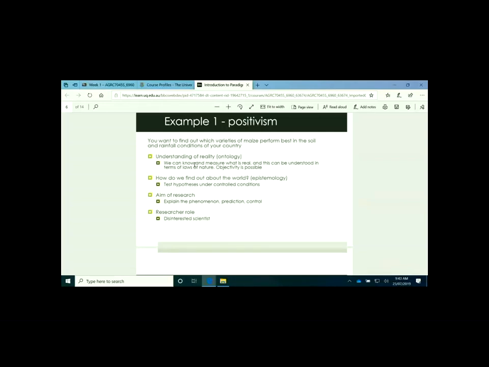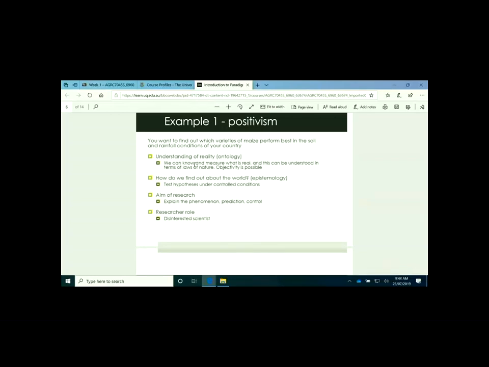So the first one we talked about, as a plant breeder, we've developed varieties of maize and we want to know which one is the most suitable for a given set of soil and rainfall or environmental conditions in the country. Well, that's really a positivist framework.